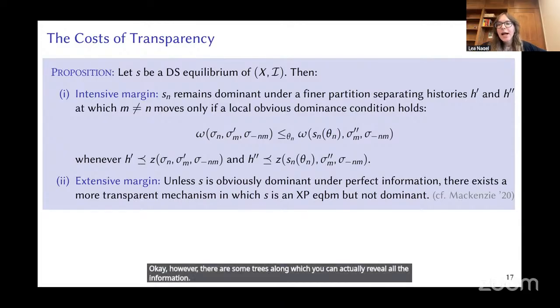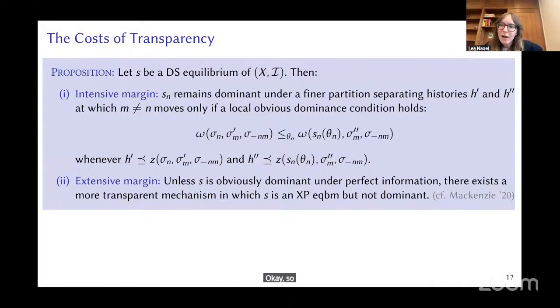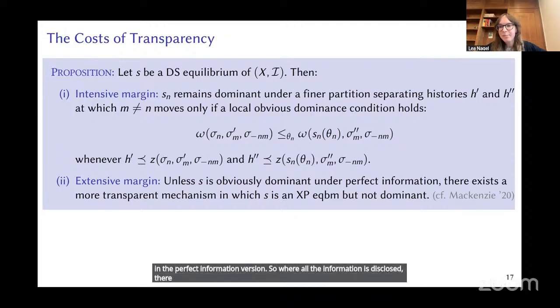This is going to be the case if that tree had an obviously dominant strategy under perfect information. Unless our dominant strategy profile S is actually obviously dominant in the perfect information version, where all the information is disclosed, there will always be some point at which we're breaking the dominance of that strategy profile, and we're going to end up with an exposed equilibrium.